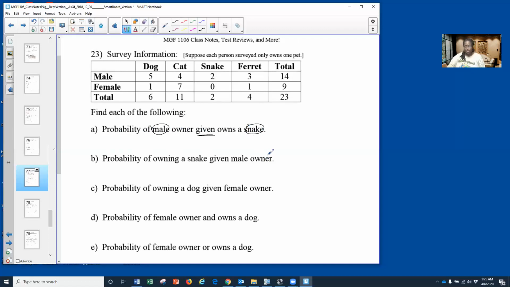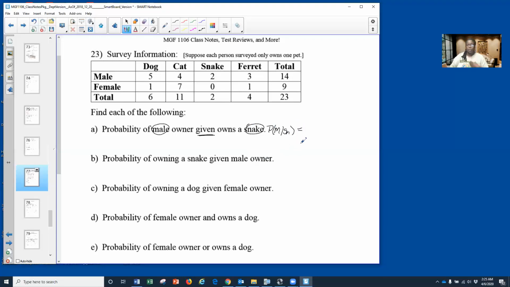So first things first, you're looking for the probability, and this is how it's going to be written. So if they don't give you the words, they'll give you the symbols. So the probability of a male given. So we've looked at this slash before, and that means the word given, that he owns a snake.